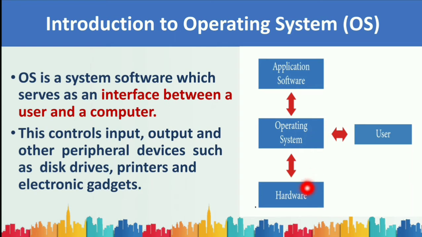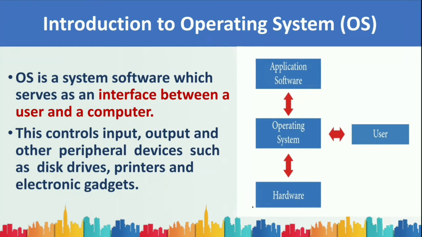Machine language is nothing but binary language. After the process, the hardware will send back the response to the operating system. And the operating system converts the processed information into a user readable form so that the user can understand what the response is. So this is the interaction of operating system and user.